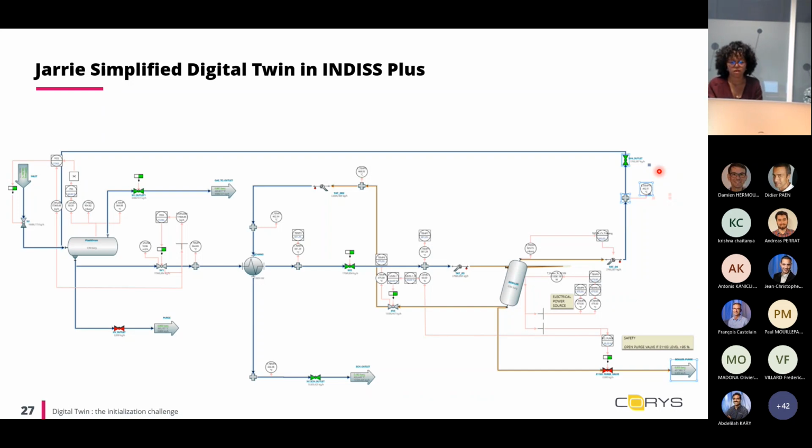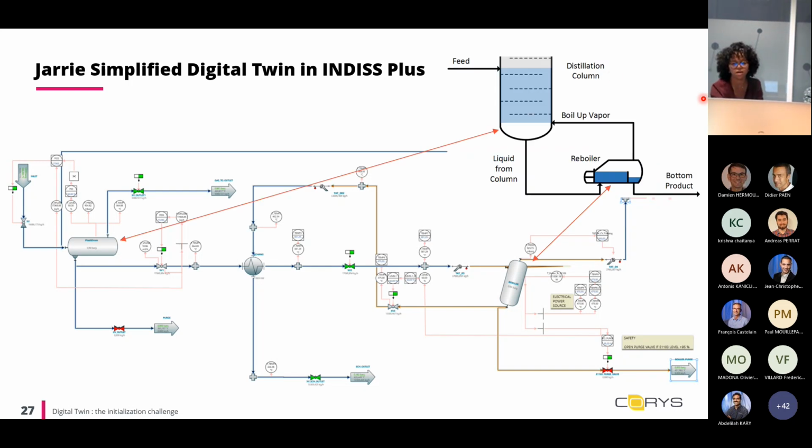The digital twin is as shown here in this scheme. It's exactly like this. Just to clarify, we have the drum, which represents the bottom of our column, and the boiler to represent the boiler from the industry, and of course some other necessary machinery to close the loop in this case.